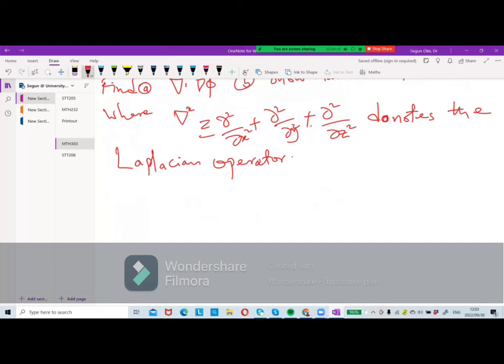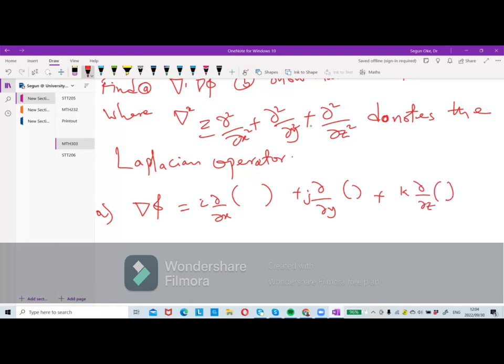How do we solve that? A, all you need to do is find your del phi. You do the del again: i, d dx, this, put everything there, plus d dy j, put everything, plus k, put everything.